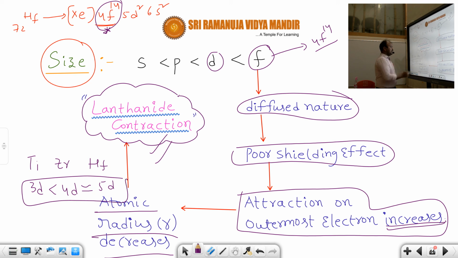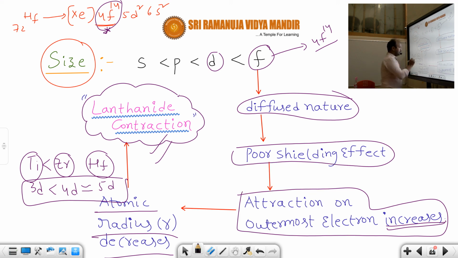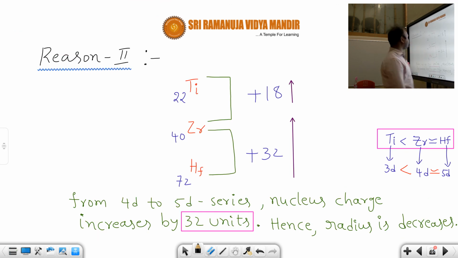Titanium is the 3d series, zirconium is 4d, hafnium is 5d. Compared with titanium, zirconium has more atomic radius, but zirconium and hafnium both have similar atomic radius. Due to what? Lanthanide contraction.